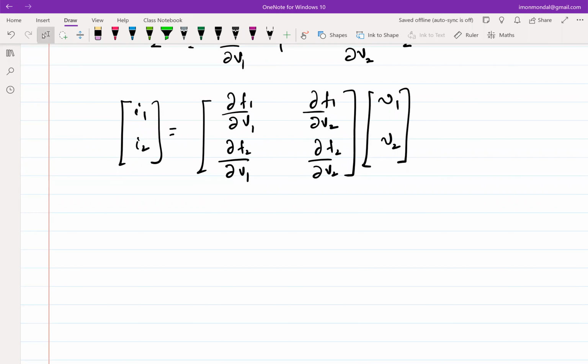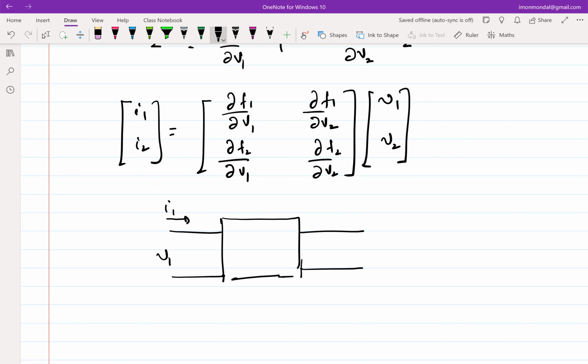So what is this essentially telling us? It is relating the incremental currents at both the terminals of my nonlinear two-port network with the incremental voltages, with a linear relationship, right?